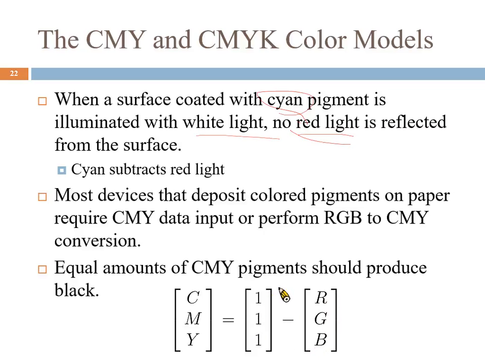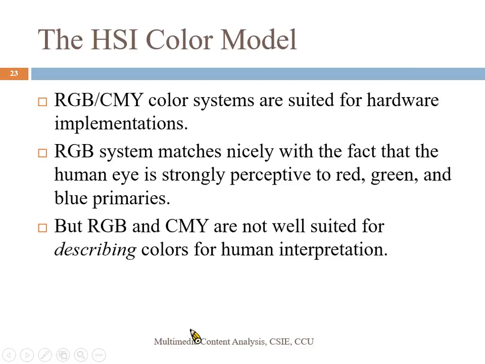Assume that we have already normalized the intensity of RGB from 0 to 1. So 1 minus R is C, 1 minus G is M, 1 minus B is Y. Then we can use such a color conversion formula to transfer the RGB color model to the CMY color model.